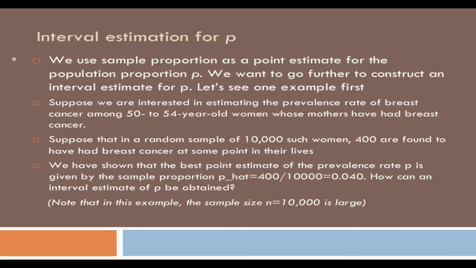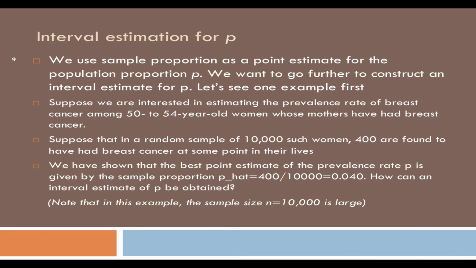Okay, so once we are clear about that, the next thing that we want to talk about is the interval estimate for P. For that, it's actually very straightforward. Suppose we already get a point estimate of P, and now we want to estimate the confidence interval.